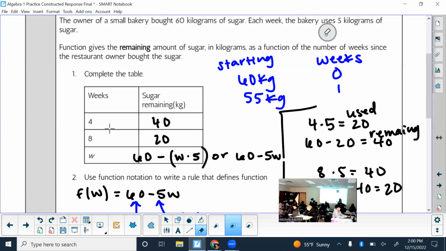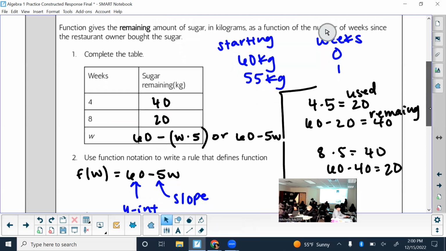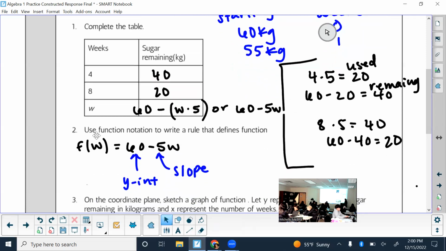So take that expression, and when it says use function notation, just make sure you have f of x or something equivalent. This one, they didn't use x, they used w. So I made it f of w, but I should be able to plug in anything for the week and get an output that makes sense for this. That makes sense? Okay. So function notation just has to have f of x or something.